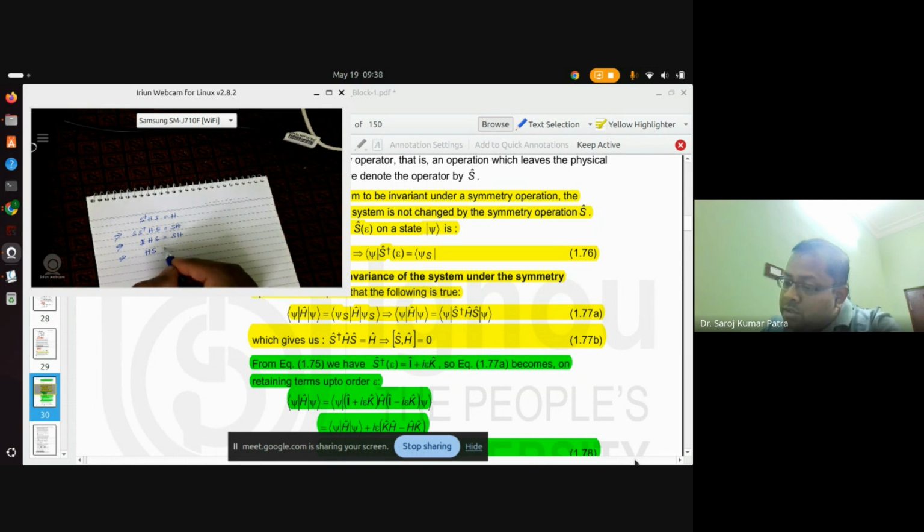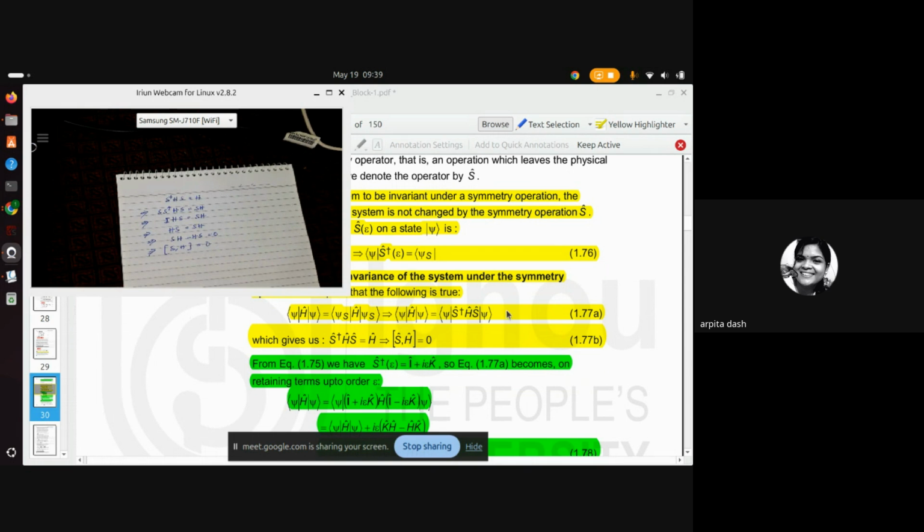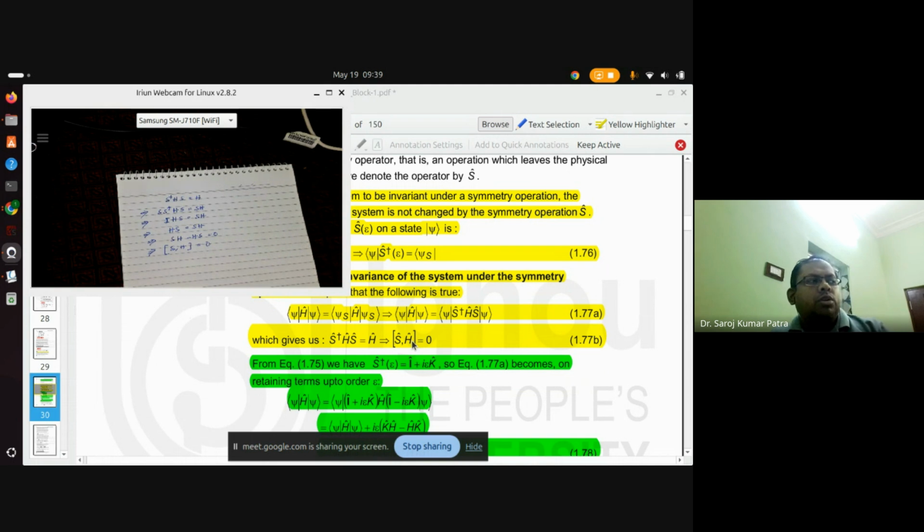So HS is equal to SH, or SH minus HS is equal to 0. This implies the commutator of S and H will be equal to 0. Is this part clear? Yes, sir. So that's what is written here: the commutator of S and H will be equal to 0. This is what we have discussed, how from S dagger H S equal to H, it has become the commutator of S and H equal to 0.